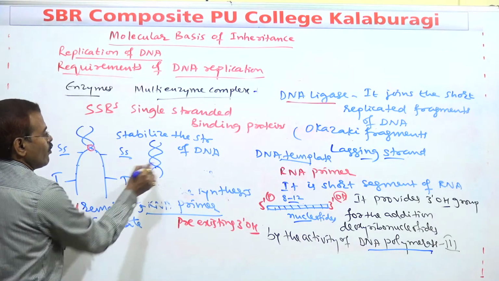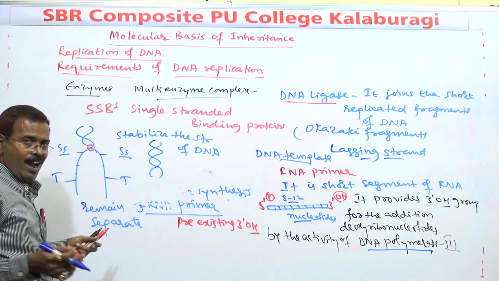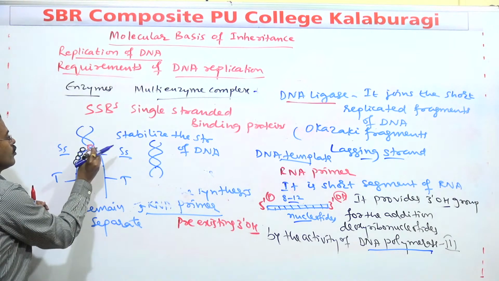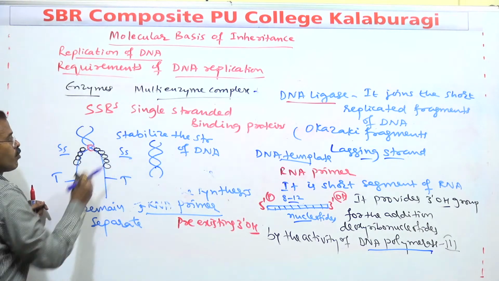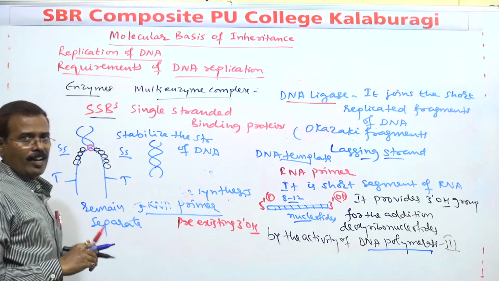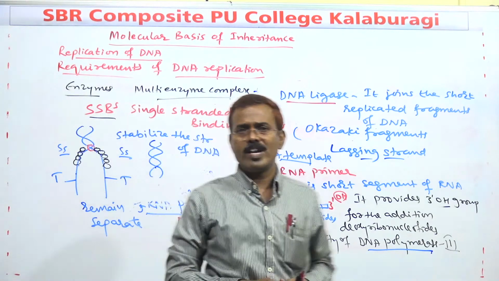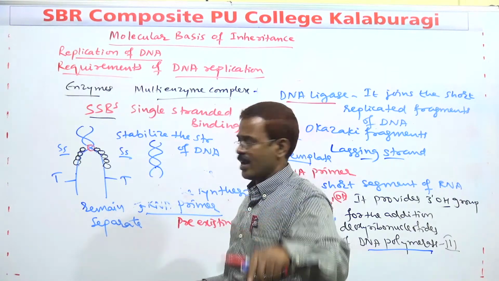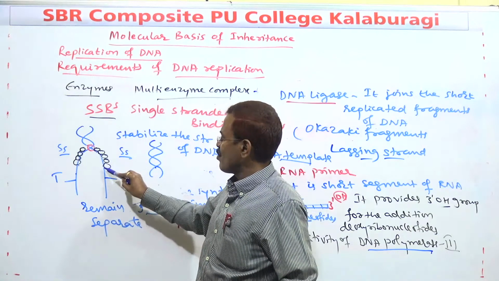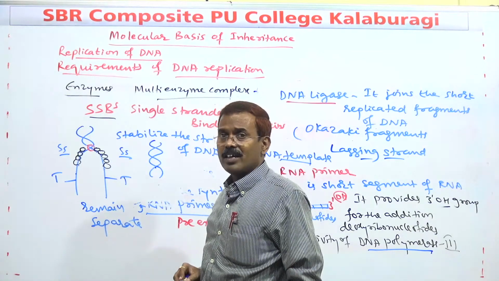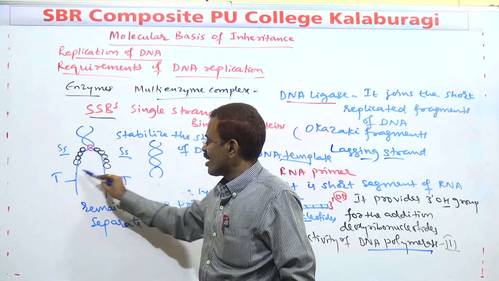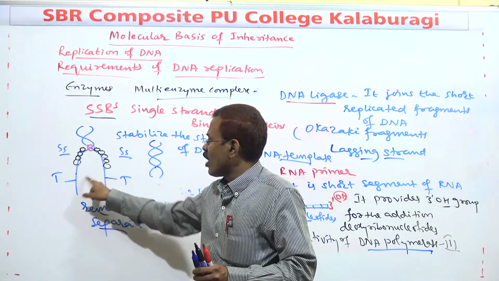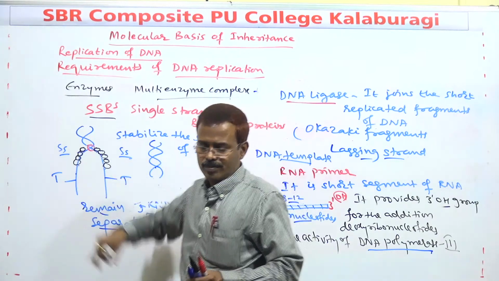If they rejoin, it will become like this once again. So to prevent that, you have specific proteins called single-stranded binding proteins. Single-stranded binding proteins can bind to the single-stranded DNA formed after unwinding at the ori site and stabilize the DNA structure, and they make sure the single-stranded DNA remains separate. They do not allow the rejoining of the separated strands.